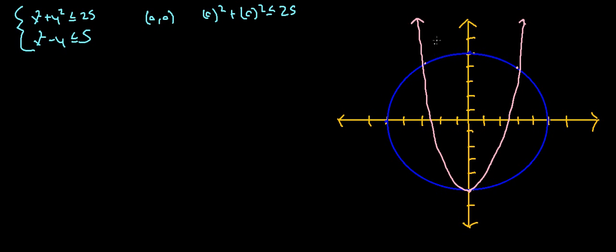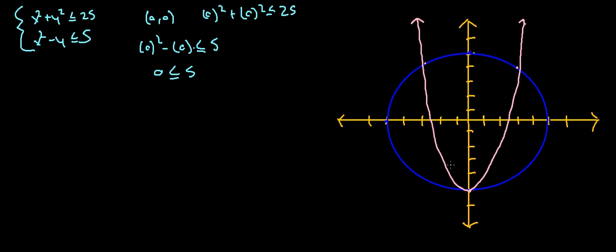Either the inside of the parabola will be shaded or the outside. And the best way, again, in this situation, 0, 0 is the best choice. 0 squared minus 0 is less than or equal to 5. 0 is less than or equal to 5, and this is true. So the inside of this parabola will be shaded.